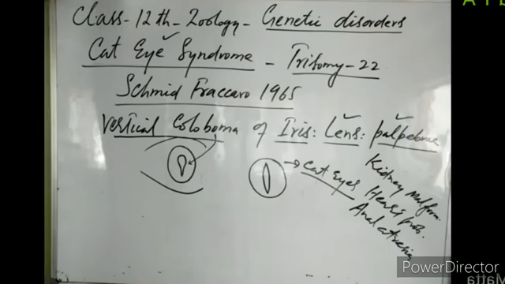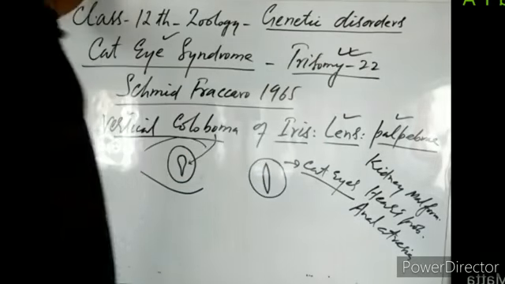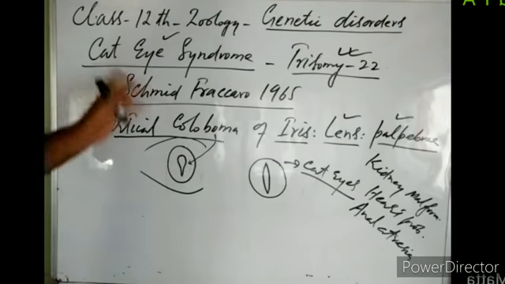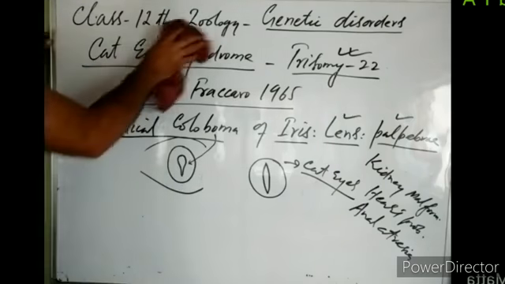So persons suffering from cat eye syndrome have vertical coloboma of the iris, lens, and palpebral. In addition, they may suffer from kidney malformations, heart problems, or anal atresia. All of this is caused due to trisomy 22. Because the eyes resemble the eyes of a cat, it is commonly known as cat eye syndrome.